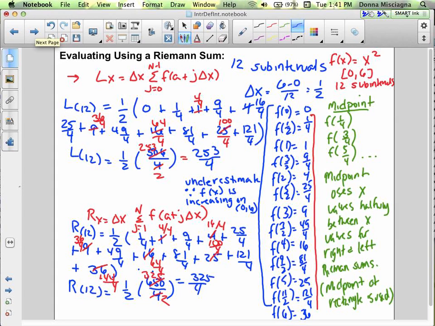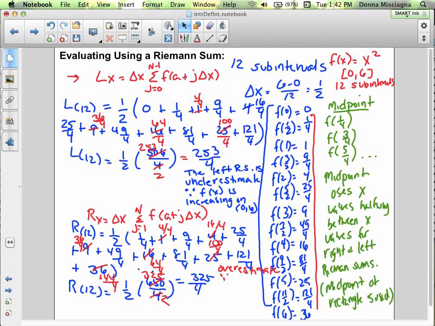And notice it is greater than the left Riemann sum. This is going to be actually an overestimate. I'll write in red so it stands out a little bit. Oh, and let me clarify on my comment there. I knew I was talking about the left Riemann sum, but if I just put some value was an underestimate because f of x is increasing, that's really not a complete answer. So let's make that the left Riemann sum is an underestimate.